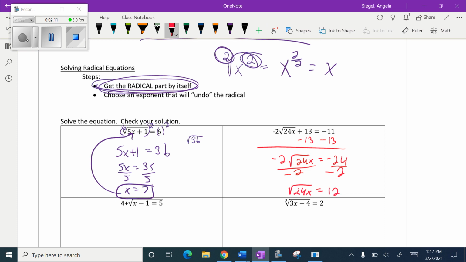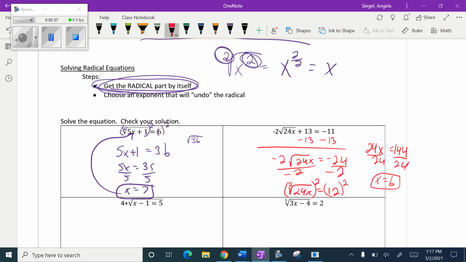I'm going to take the square root and square it to undo that root, and do the same thing over here. So I have 24x equals 144, and divide by 24. 144 divided by 24 is 6.